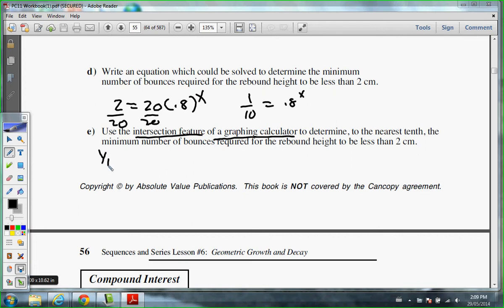So in your y1, let's go ahead and put in 1/10. And your y2, put in 0.8^x. Okay, and when you do the intersect, just to give you some time to do that, you're going to get x equals 10.31. So that means that after the 10th bounce, it's going to get lower than 2 centimeters. So actually the 11th bounce, because you can't go 10, because 10 is still higher. So the 11th bounce will be the first bounce that's under 2 centimeters.